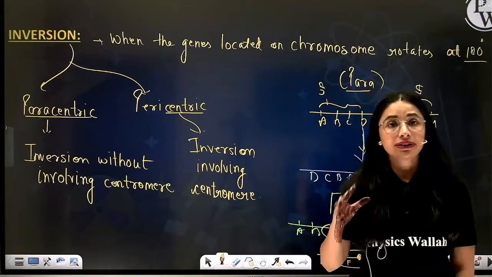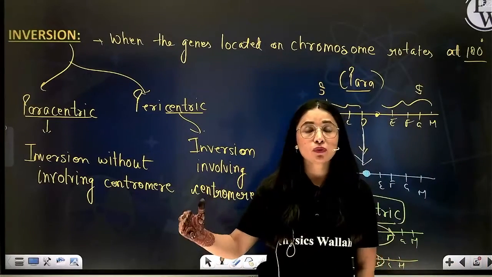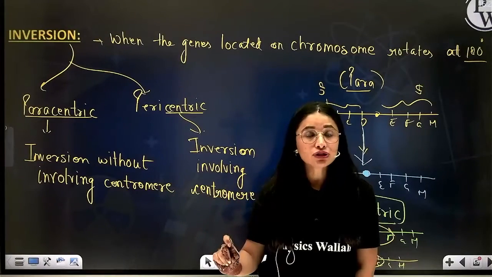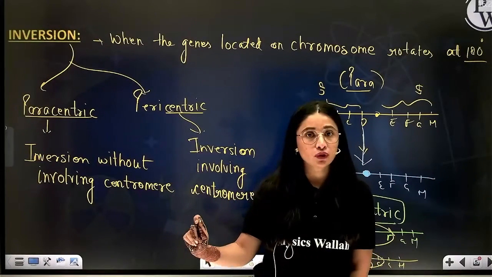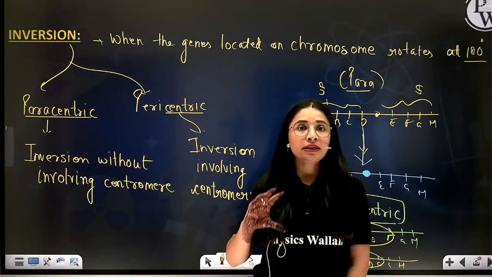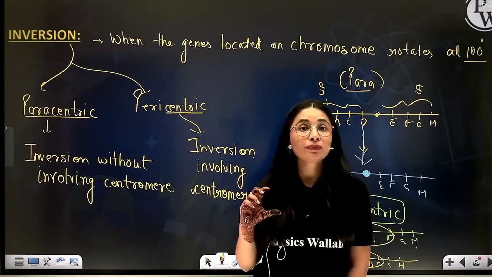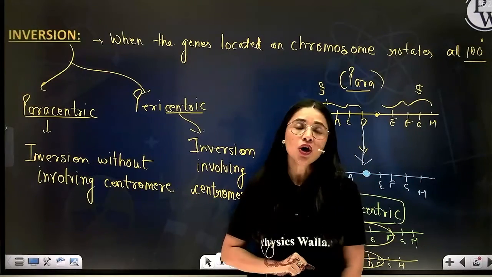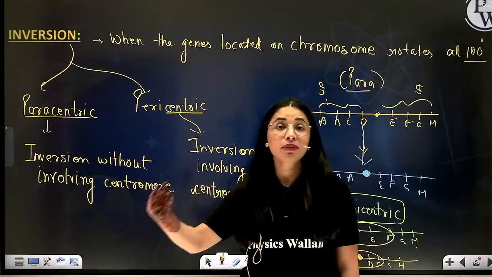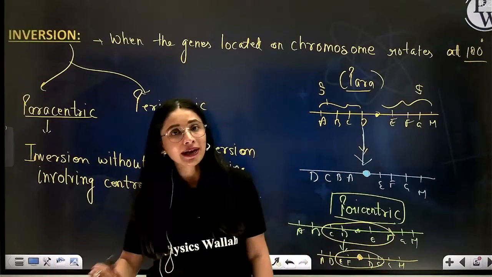Clear? So this is your chromosomal type of mutation where, without changing the total number of chromosomes, the arrangement of genes, the arrangement of chromosomal segments, is getting altered. They may show deletion, they may show duplication, they may show translocation or inversion.